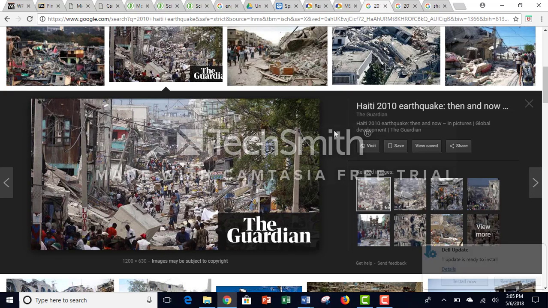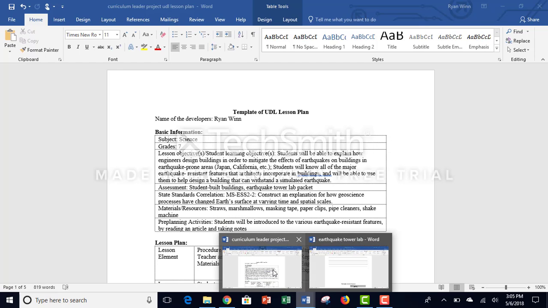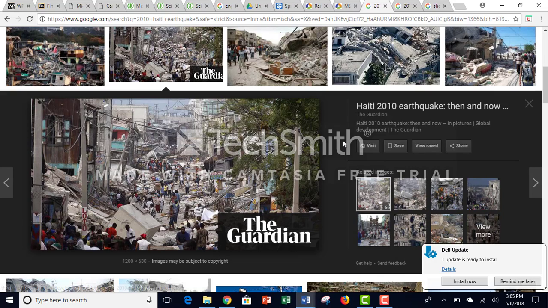What I want students to specifically notice is the poor quality of the buildings. The question that students are going to be asked is, why do you think this earthquake was so deadly? Students will learn from the video that hundreds of thousands of people died from this earthquake.